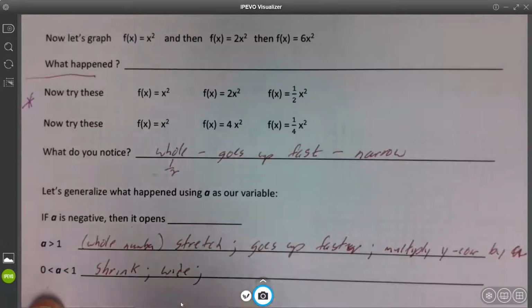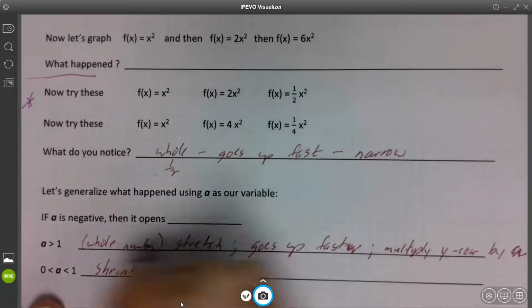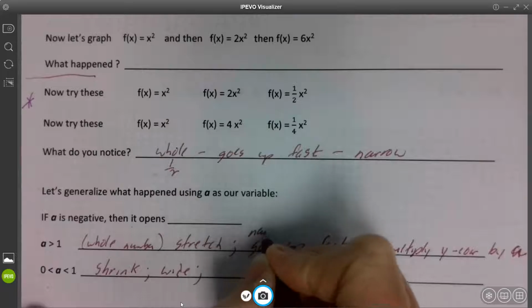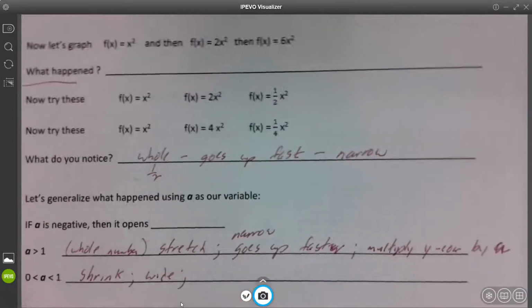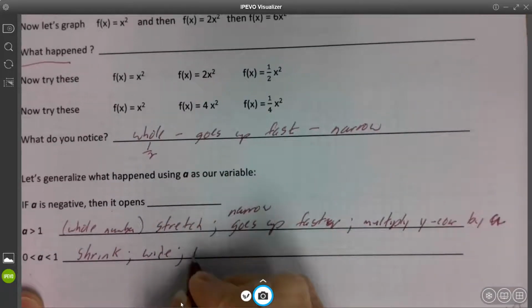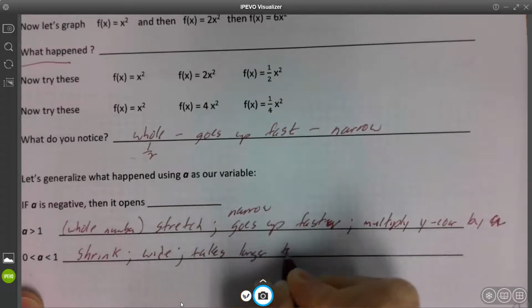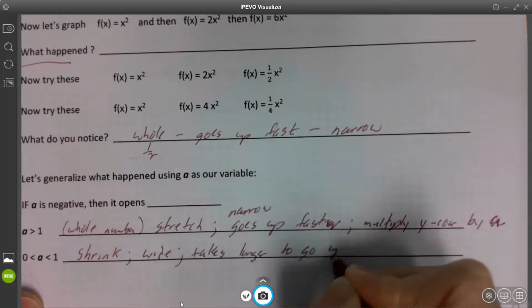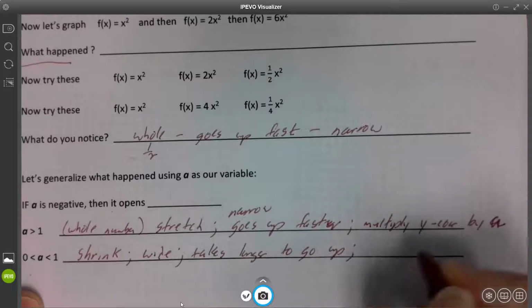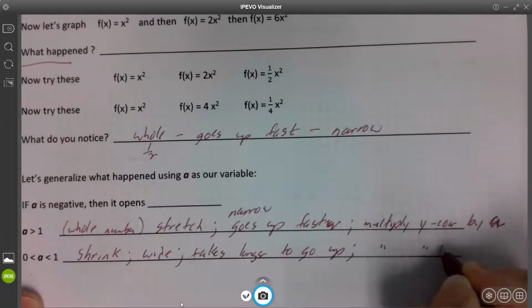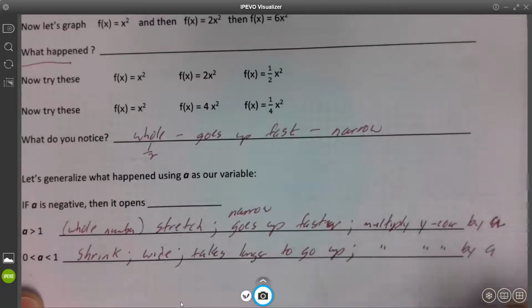This one is narrow. I should have put that. So if I have a whole number, this one is narrow, and this one is wide. So this one takes longer to go up because you're multiplying it by a fraction. Multiply the y coordinate by a, by that fraction.